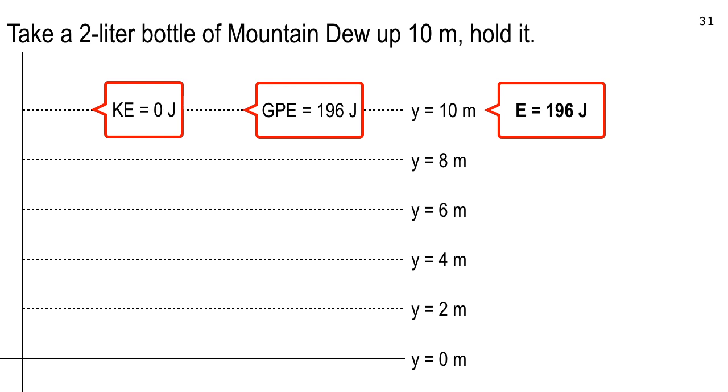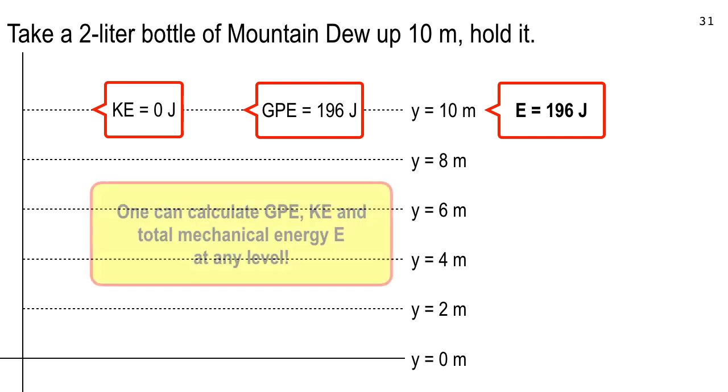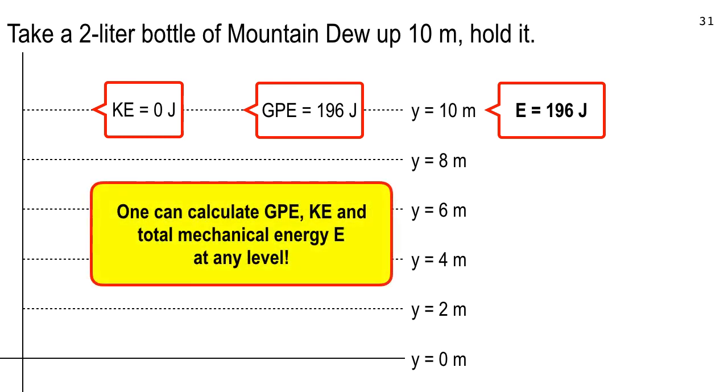Question? Right. For this object, starting at this elevation, E will always be the same. So you can calculate GPE, kinetic energy and total energy at any level.